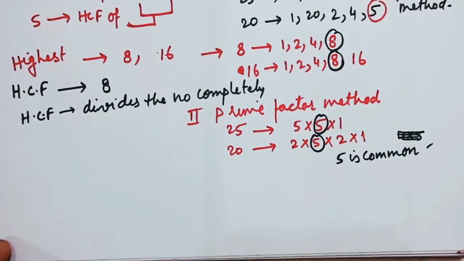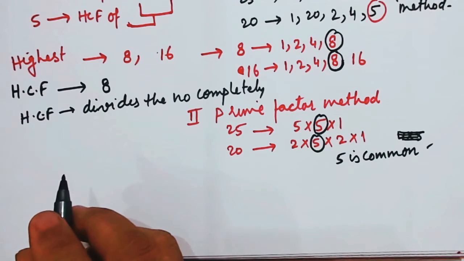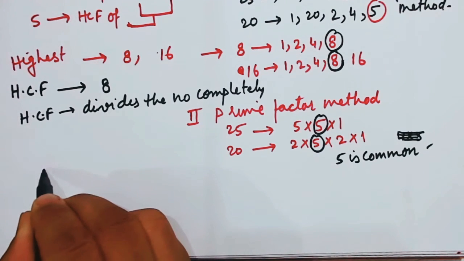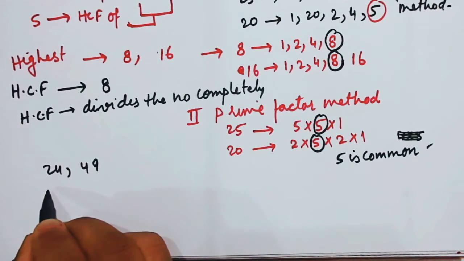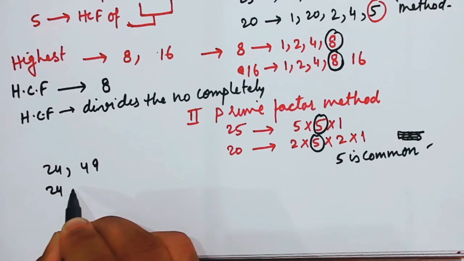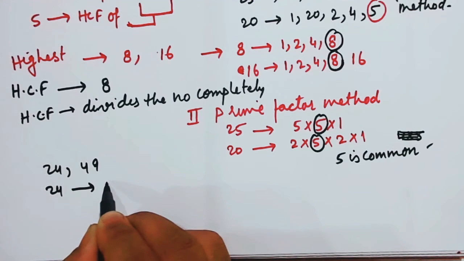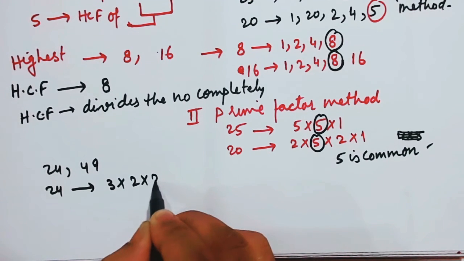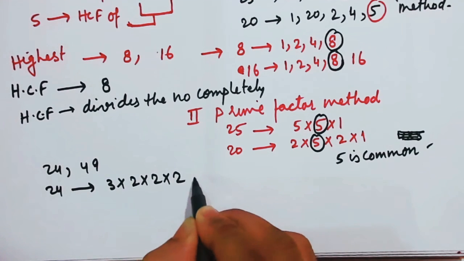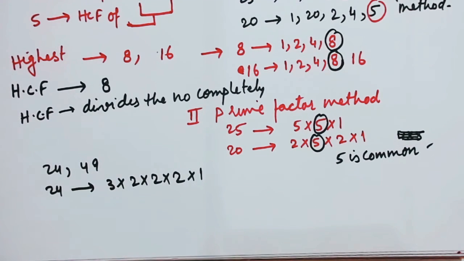Good. So let me take numbers like 24 and 49. What are the factors of 24? Prime factors will be 3, 2 times 6, 2s are 12, 2s are 24, and 1. These are the factors of 24.